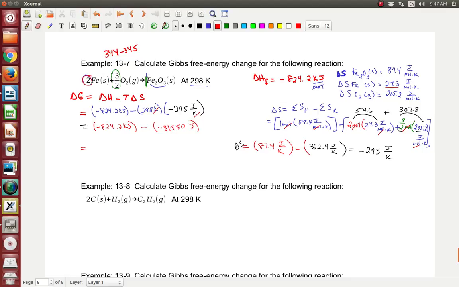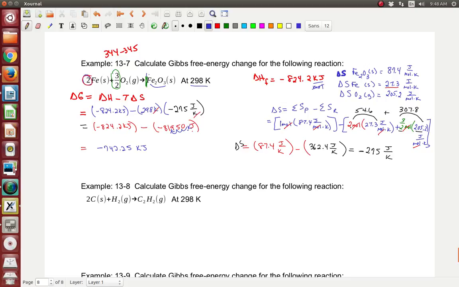now notice this is joules and this is kilojoules. I've got to quickly do that changeover. So divide by 1,000, 1, 2, 3. So really we're going to change it to negative 81.95 kilojoules and add that to negative 824.2 kilojoules, and that will give you an answer of negative 742.25 kilojoules.